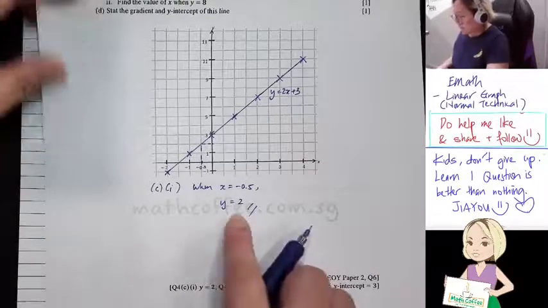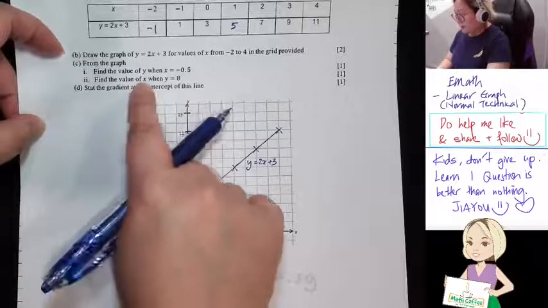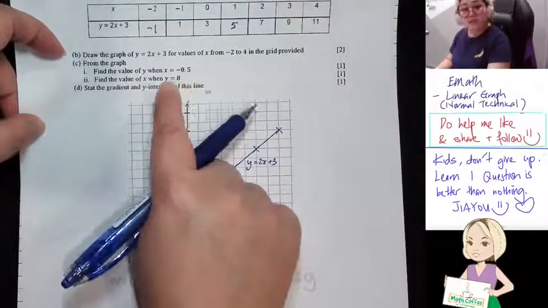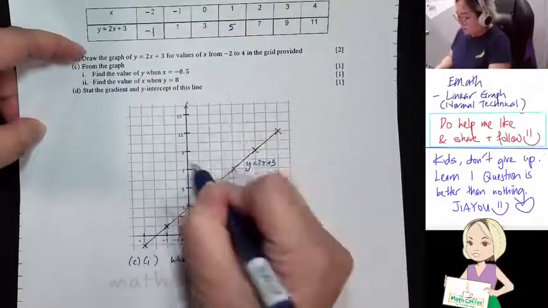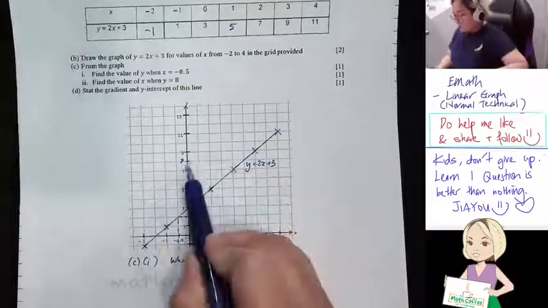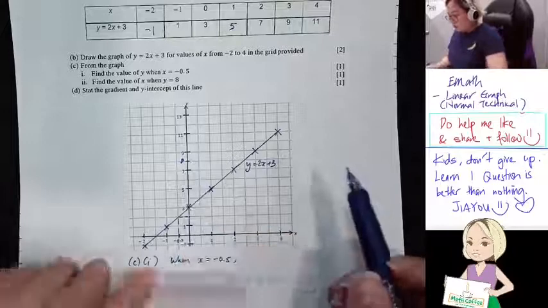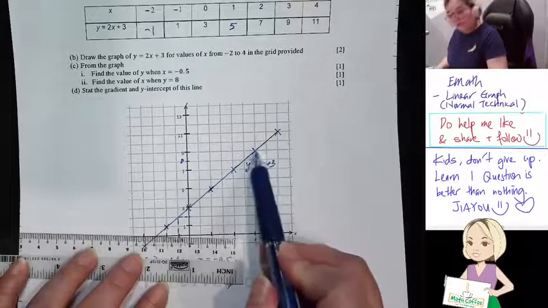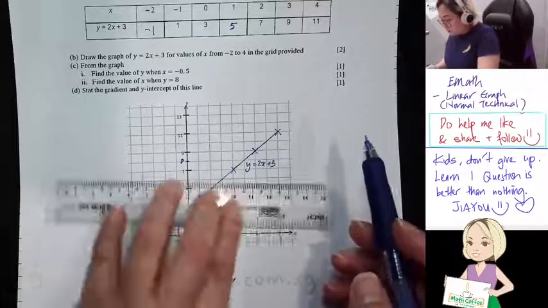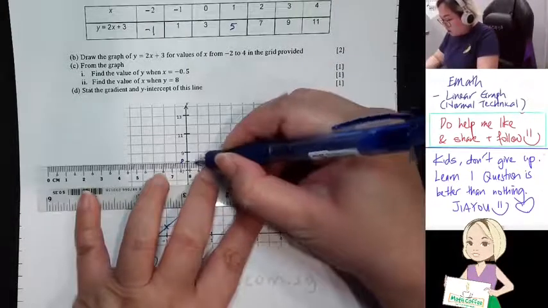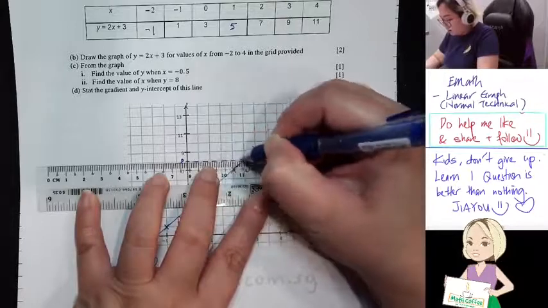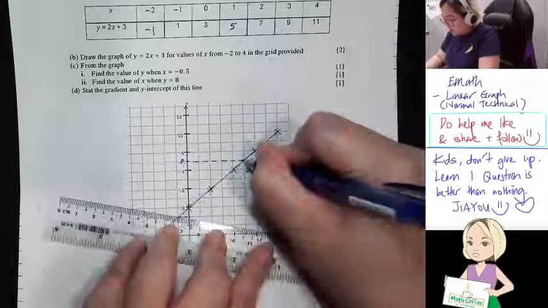Okay. Next, they say find the value of x when y is 8. So this time around, they say when y is 8. So you look at the y-axis, go and find the 8. 8 is here. Okay, and then what you need to do is draw a dotted line, go and find out what is the point. So you will go to the y-axis, 8, draw a horizontal dotted line, and this is my corresponding x.